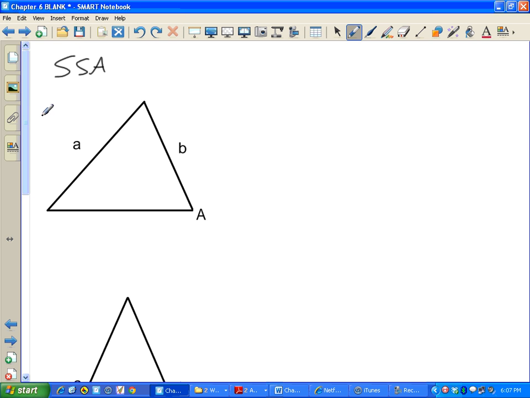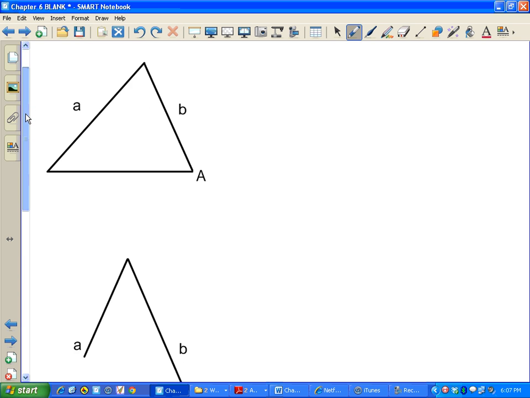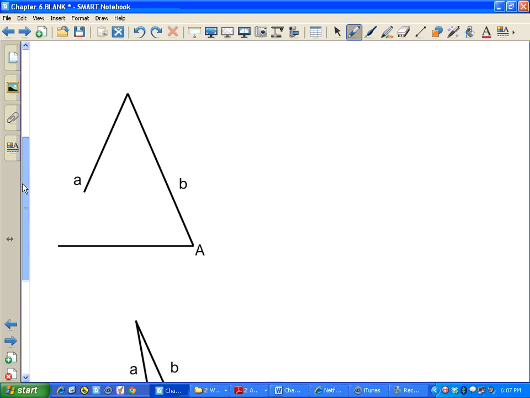This is actually a specific case where you could have more than one answer. You could have one answer, no answers, or multiple answers. Let me give you an example. We could have side-side-angle in this situation where this other side doesn't connect. If this is a set angle and these are set lengths, I could have this situation, which would be a no solution situation.